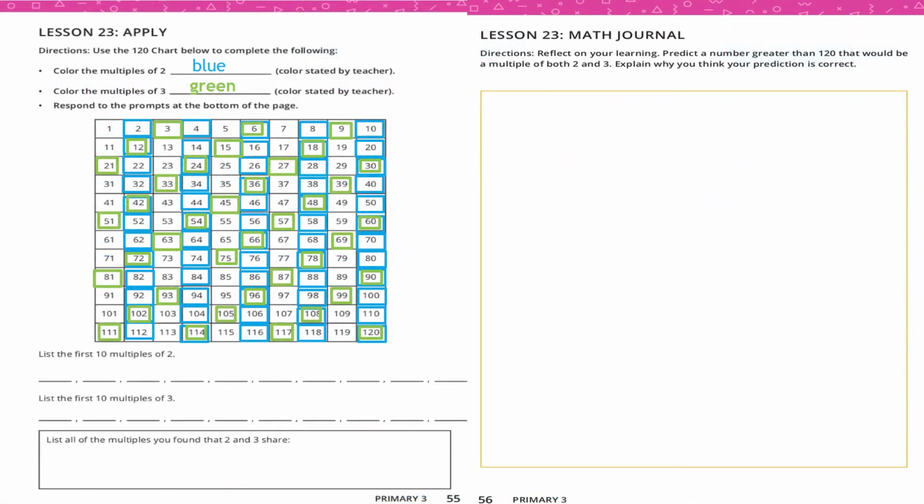Now let's move to lesson 23. He wants me to color the multiples of 2 in blue and multiples of 3 in green. First, multiples of 2. We said that multiples of 2 are always even numbers.